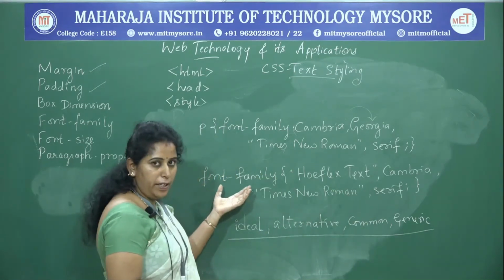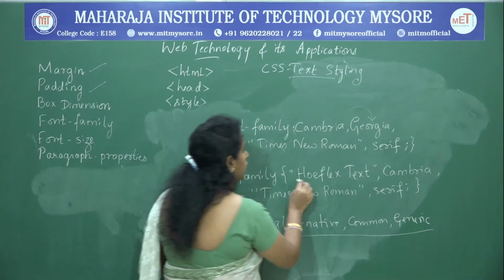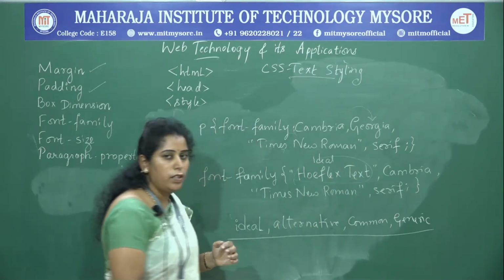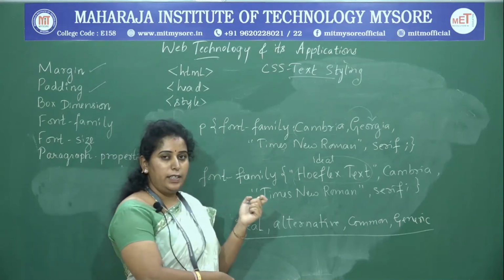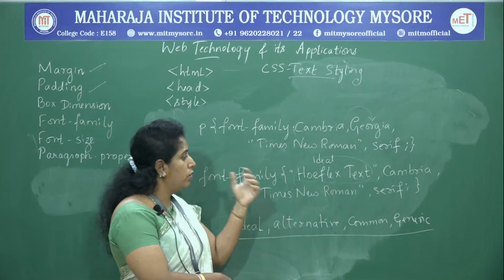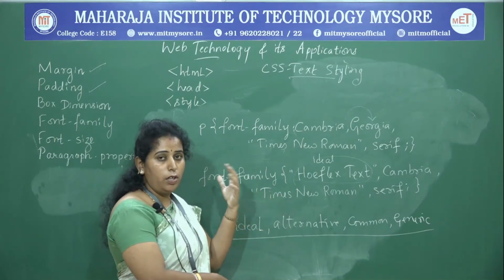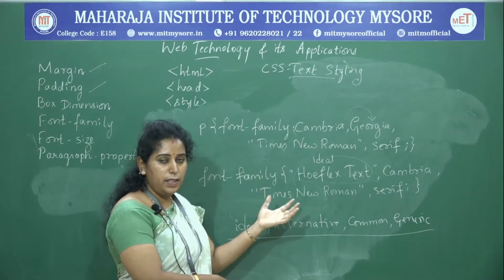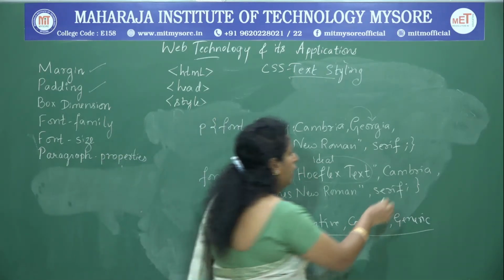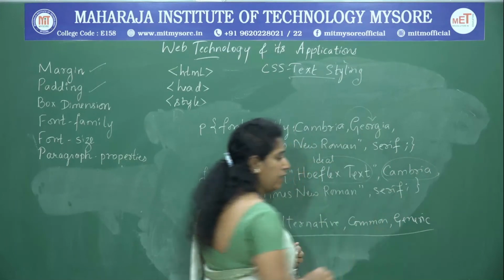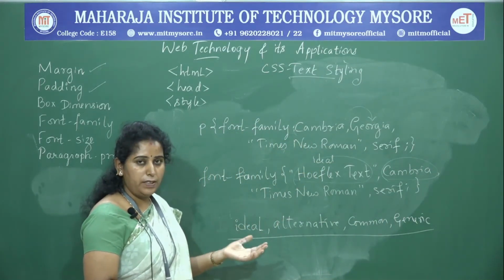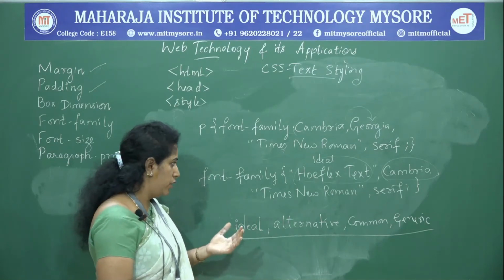Now let me take up an example. This one is, according to us, ideal. Why is it considered ideal? It is normally supported by Mac computers, because it is not installed on normal PCs and Android devices. Next is alternative. Why is it considered an alternative? Because it is supported on all PCs as well as on Mac computers.